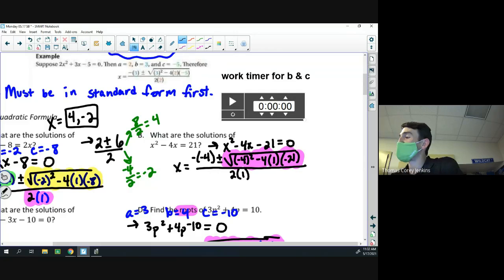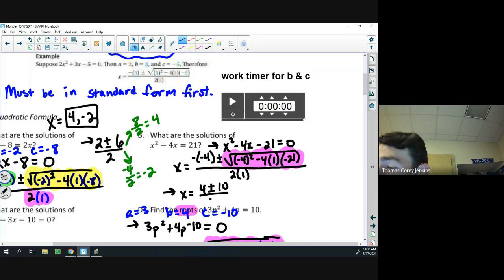Anyways, what you get under the radical is 100, but you get 10 when you type it all in. So that's going to give me x equals +4 plus or minus 10 over 2. Okay, that's where you got to be able to get.